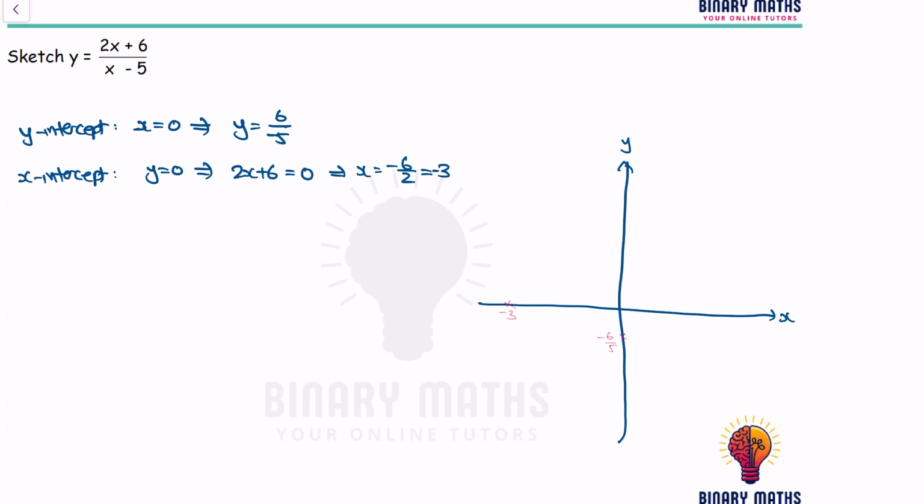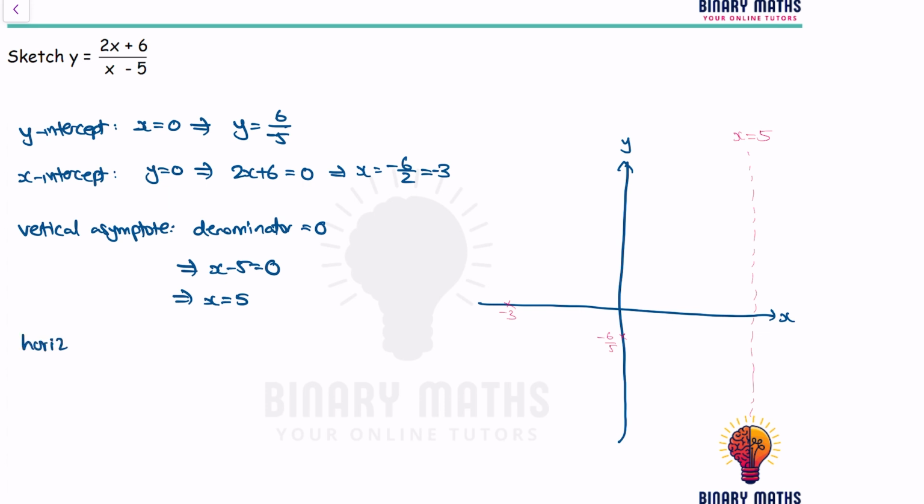Next thing I need to do is the vertical asymptote, which is when the denominator equals 0, which means x minus 5 equals 0, which implies x equals 5. And so at x equals 5, we have a vertical asymptote. Now look at the horizontal asymptote.